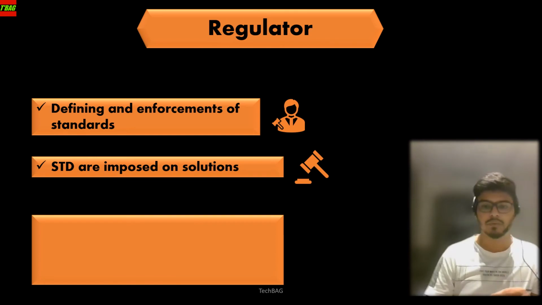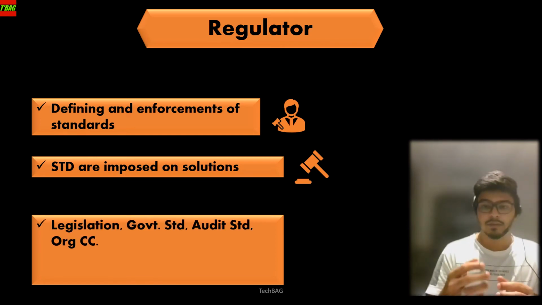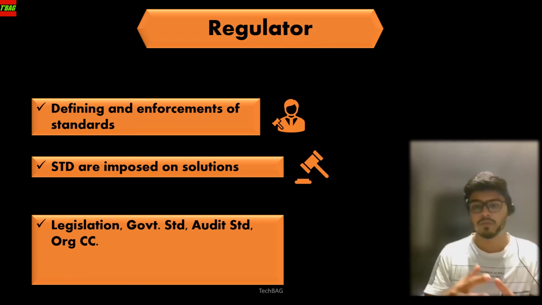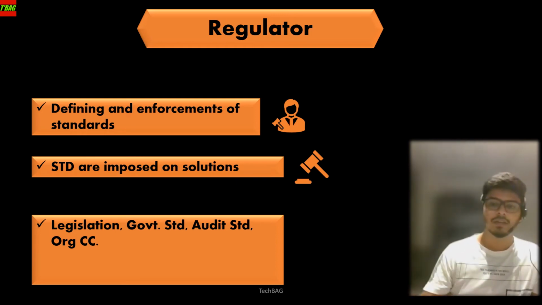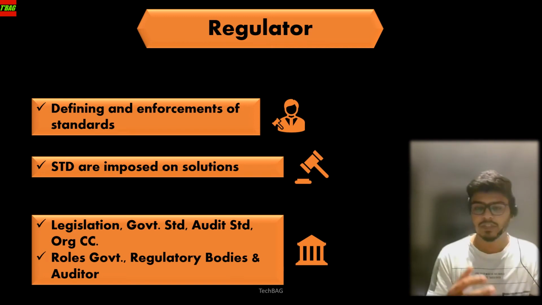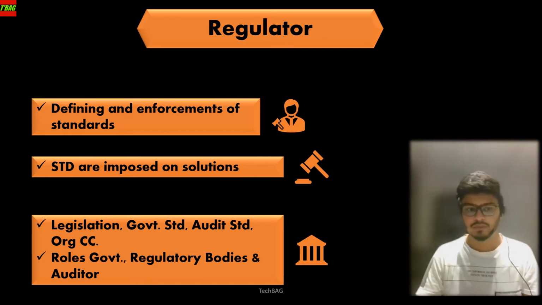That's where the regulator comes in. The regulator does it by legislation, governance standards, audit standards, or organization centers of competencies. Using these, the standards are imposed on the solution. Some of the roles of regulators are government, regulatory bodies, and auditors, who are called regulators as a stakeholder.